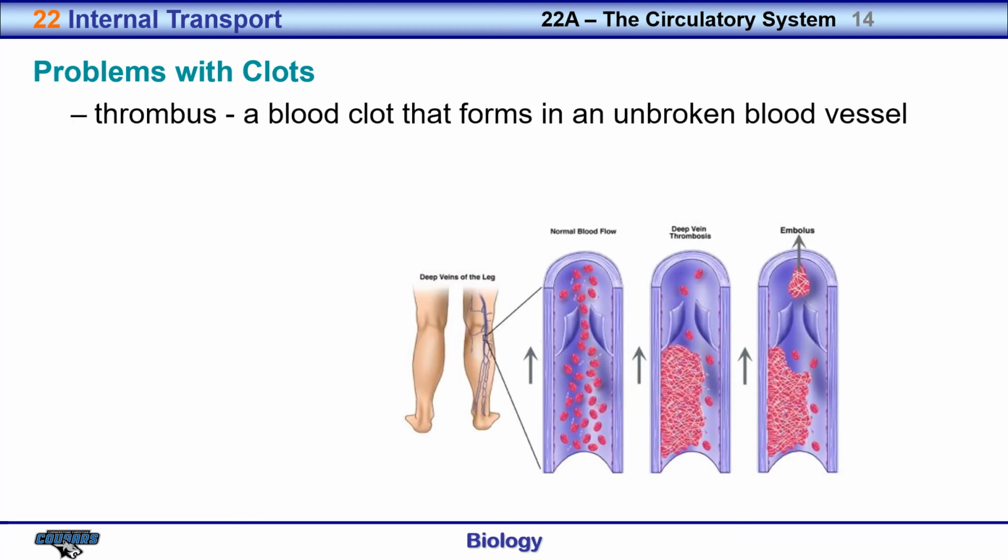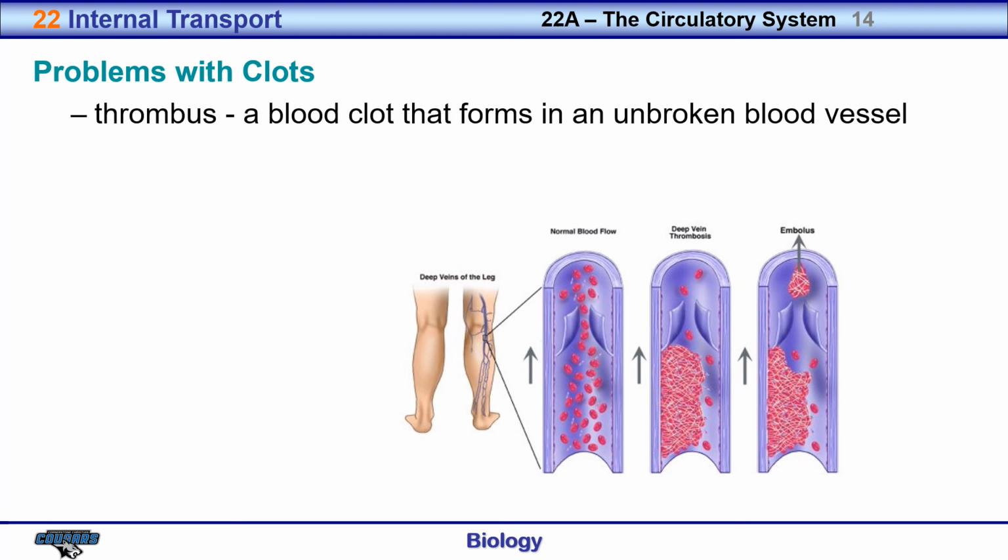Now, one term that we use for blood clots is thrombosis. This is a blood clot that forms in an unbroken vessel. In other words, there wasn't an injury that caused this. It's pretty common for this to happen in the leg.